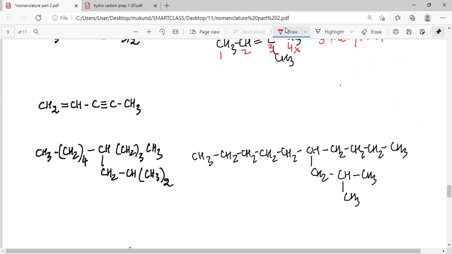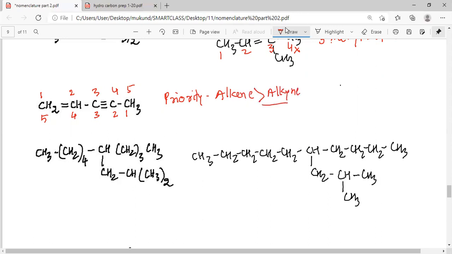Now let's go for this compound, my dear students. We have 1, 2, 3, 4 and 5. We can even write it 1, 2, 3, 4 and 5. Here what we truly realize is, in priority, alkene is more prior than alkyne, my dear students.